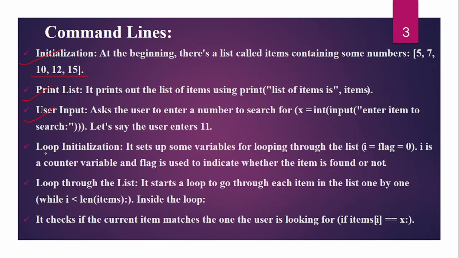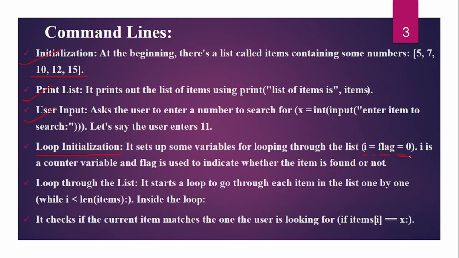Then I'm going to initialize a loop, as I explained in my program logic. I'm going to use a while loop, and before I use a while loop, I'm going to give a double variable initiation where I'm going to use i = flag = 0. So I'm initializing my two variables, i and flag, to 0 initially.